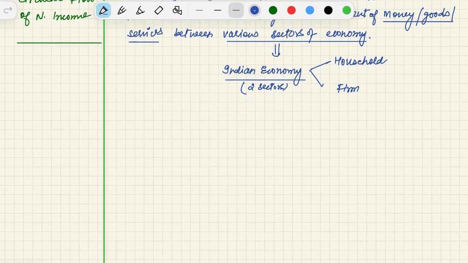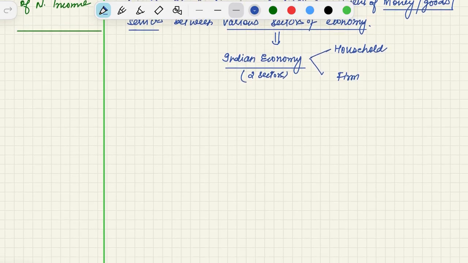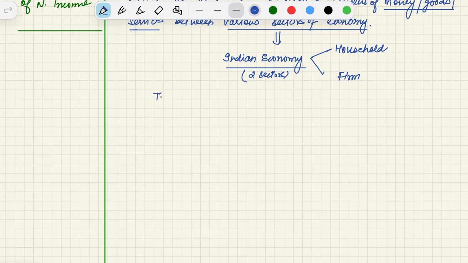Circular flow of national income, what does it entail? It entails that total production equals total income, and that equals total expenditure.